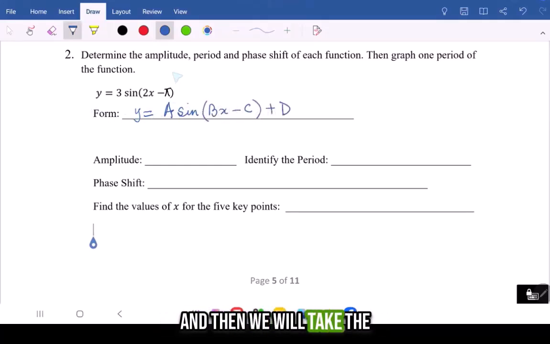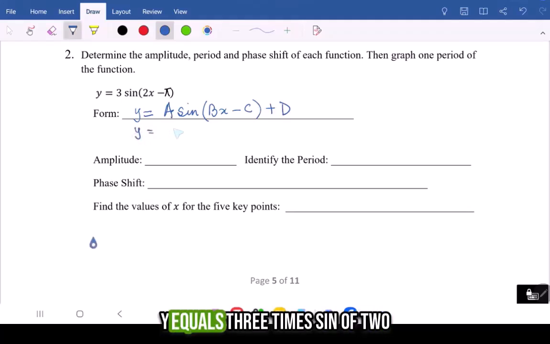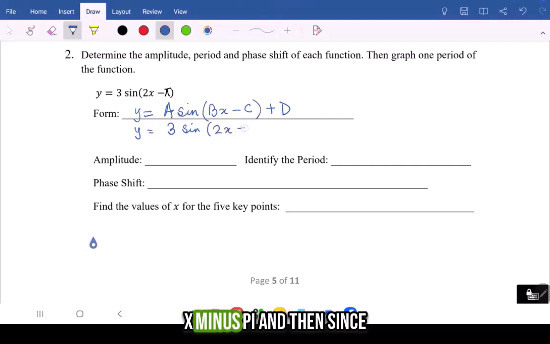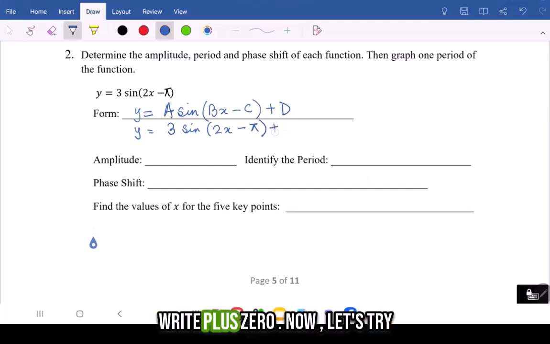And then we will take the function given to us, which is again y equals 3 times sine of 2x minus pi, and align it with the general form so that we can easily identify the values of a, b, c, and d. So that's what I'm going to do here. y equals 3 times sine of 2x minus pi, and then since there's nothing outside of the brackets, I'm going to just write plus 0.